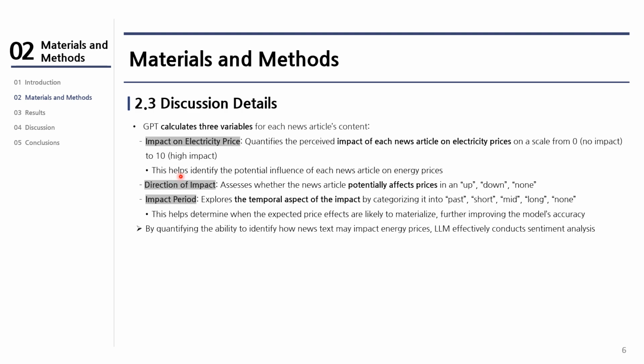This helps identify the potential effect of each news article on energy price, serving as a crucial factor in the sentiment analysis used in the predictive model. Second, direction of impact evaluates whether the news article potentially affects price up, down, or none.